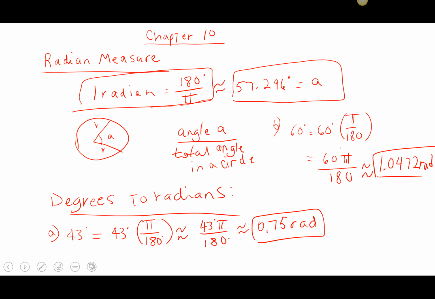Now, what if we wanted to go from radians to degrees? To convert angles from radians to degrees, you're going to use the other formula, okay? I should have written this down. Radians equals degrees times pi over 180.